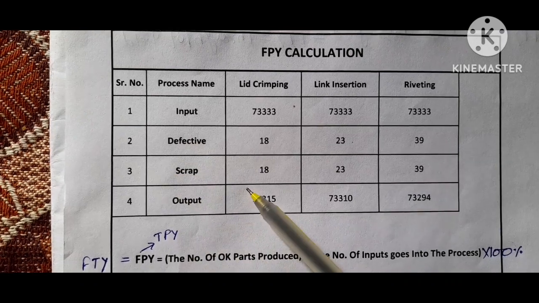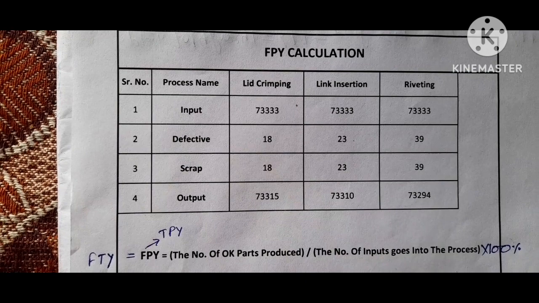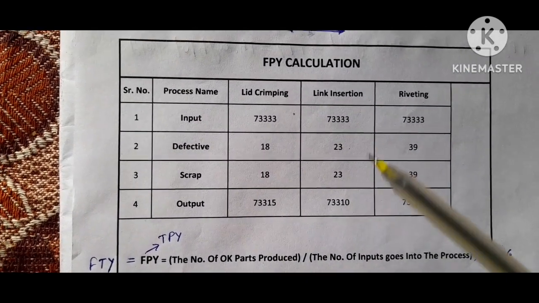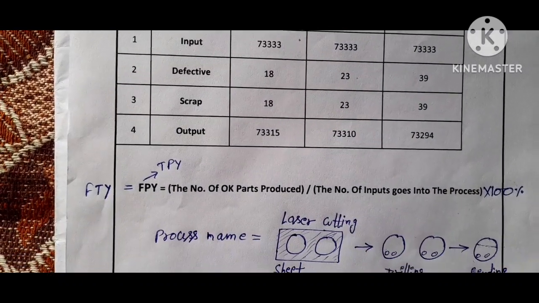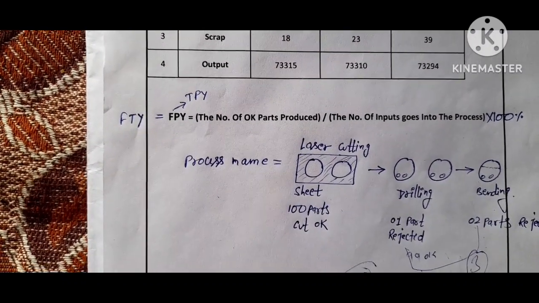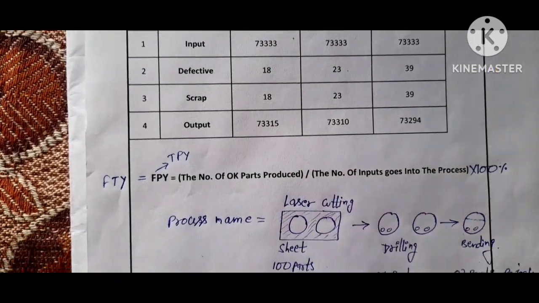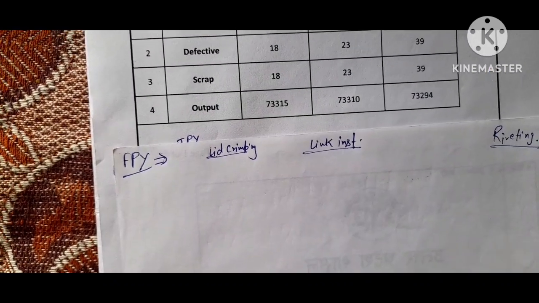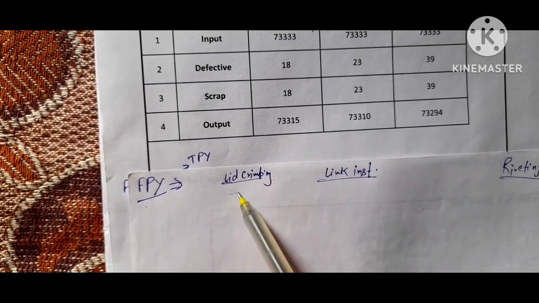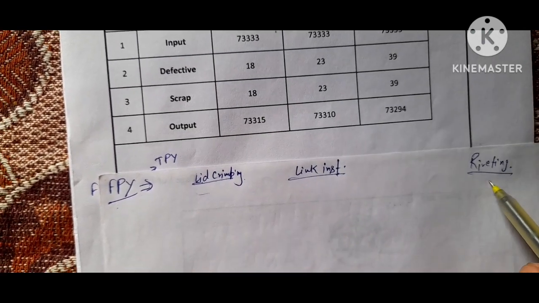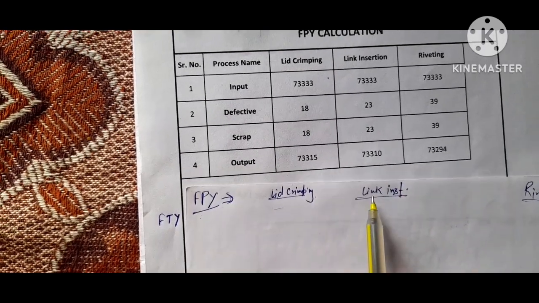Here no repaired or reworked parts are considered, because we are calculating FPY, first pass yield. So we calculate the FPY of each process, lead crimping, link insertion and riveting, using this formula.